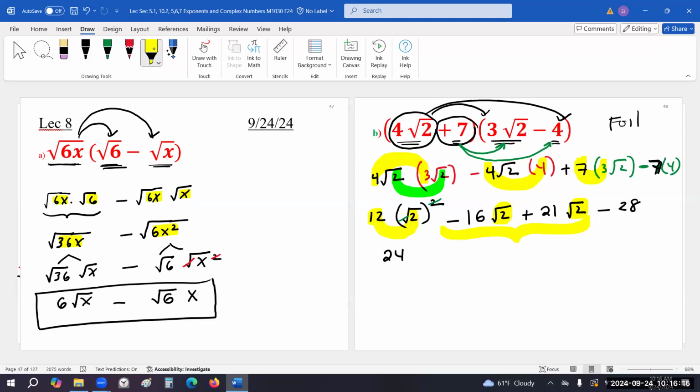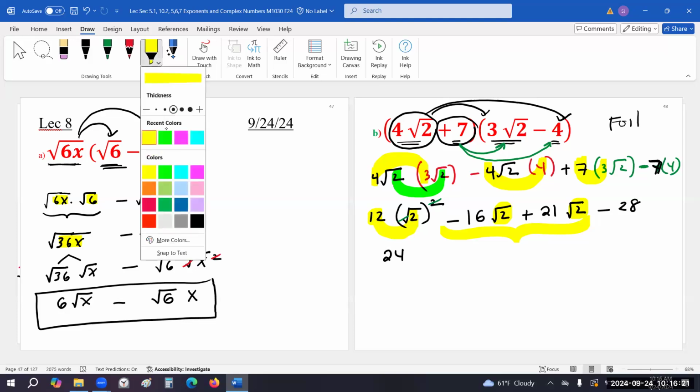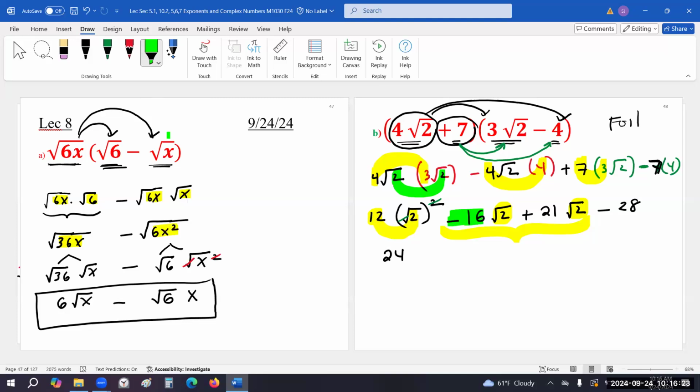So we have square root of 2 with the 16 and square root of 2 with the 21. That means, yep, we can combine this negative 16 with the positive 21. What do you get? Negative 16, positive 21? Positive 5, and then we keep our square root of 2.